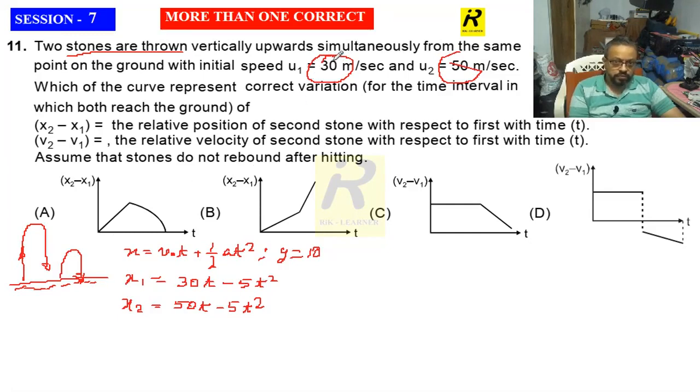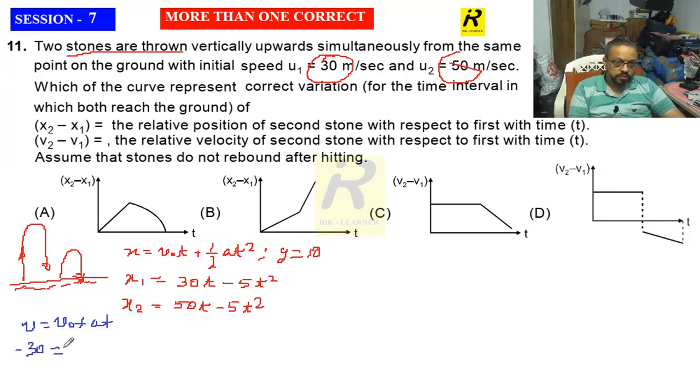You must know the first stone will reach the ground first because it is having less velocity. For that we use one more equation, v is equal to v0 plus at. The downward velocity when it reaches the ground will again be 30 meters per second, that is downward, minus 30.